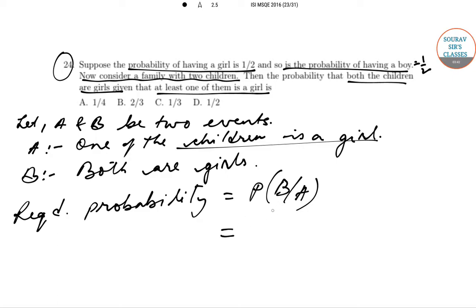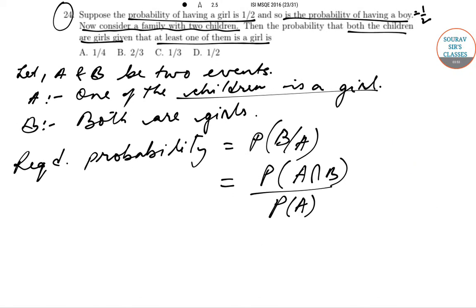Now P of B upon A, by formula it is equal to P of A intersection B upon P of A. Now we know that P of A intersection B is the condition where one of the children is a girl and both are girls. This can only be possible if it is equal to half into half. Now P of A is the condition that one of the children is a girl.